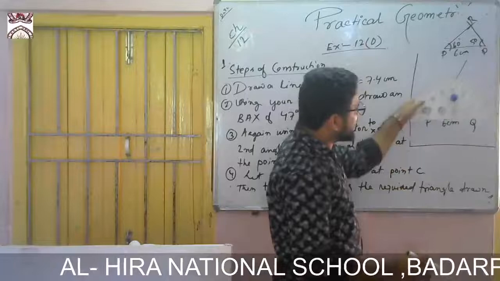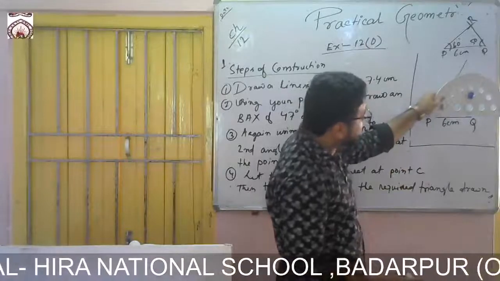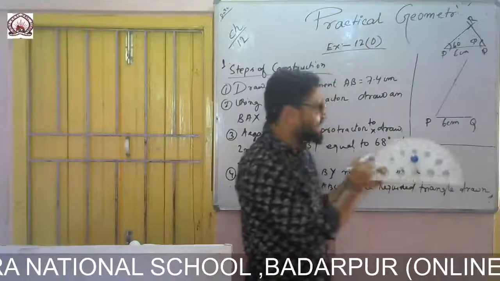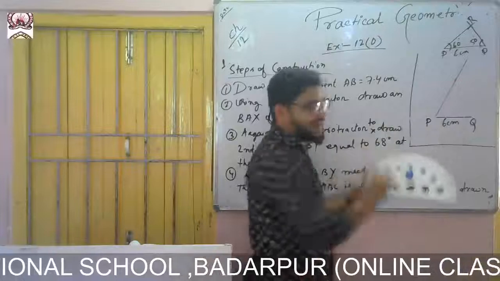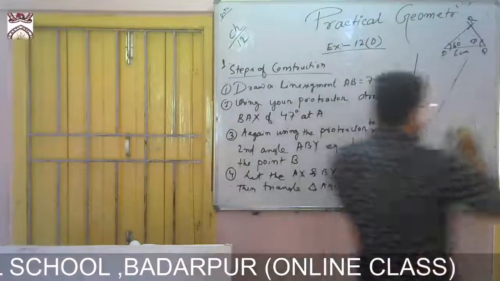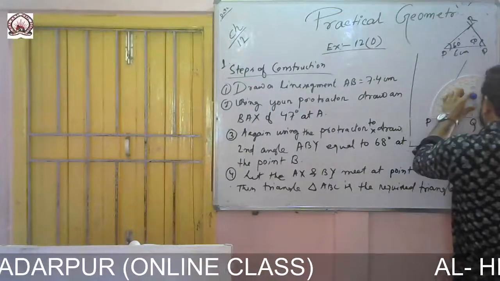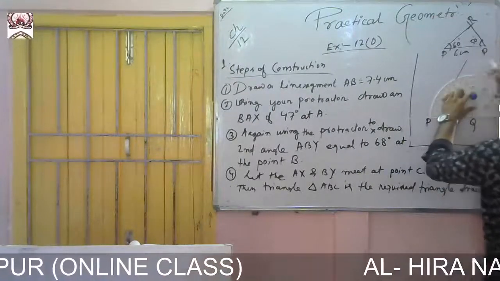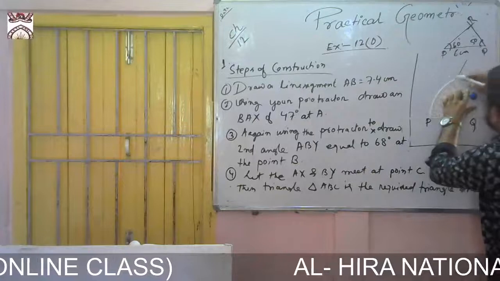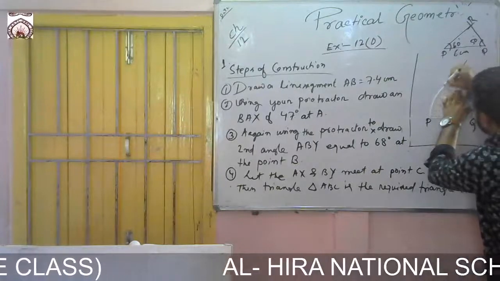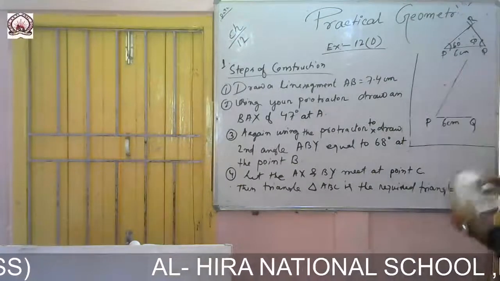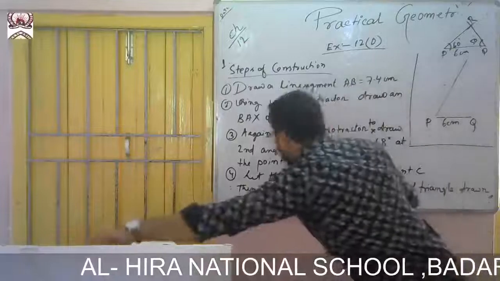And whenever you take the point Q, you start counting from left to right. Keep this in your mind. So from left to right, it is 50 degree. So it is coming here, 50. Now you join these two lines.